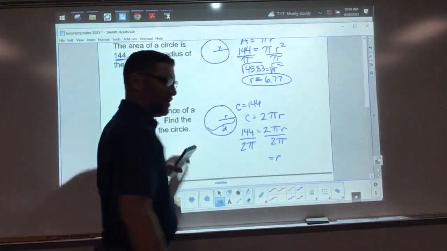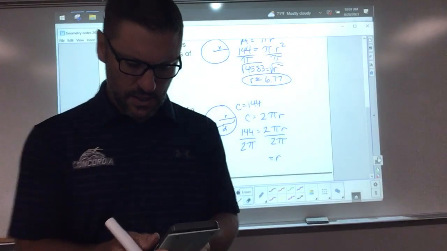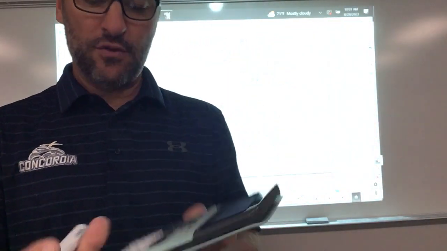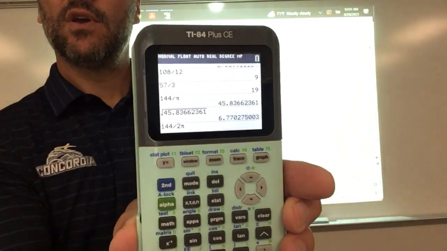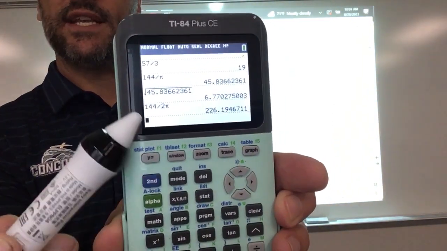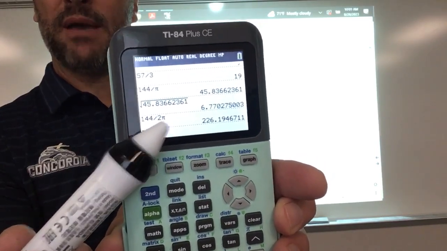A really common calculator error is to go 144 divided by 2 pi. If you do it like this, it will crank out the wrong answer. That is not correct, because what it does is 144 divided by 2, and then it multiplies that answer by pi.